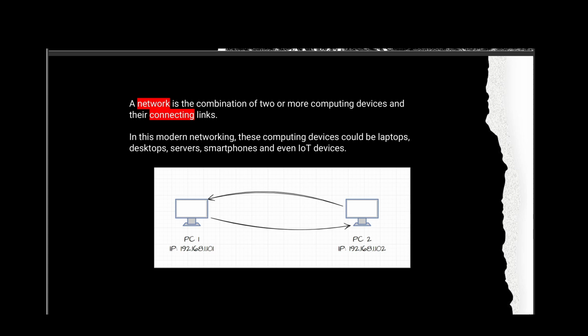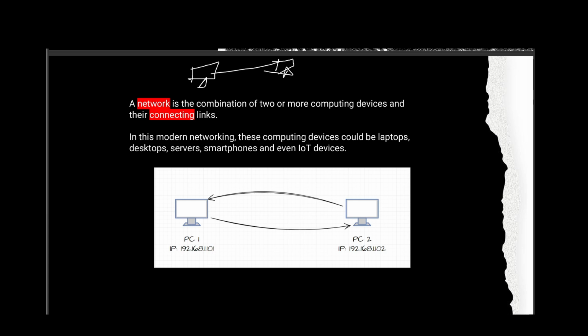For starters, by definition, a network is the combination of two or more computing devices and their connecting links. So we can say that a network is anything, as long as there are devices connected to each other.